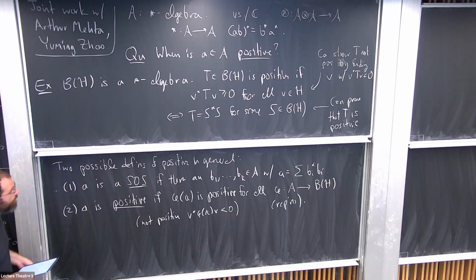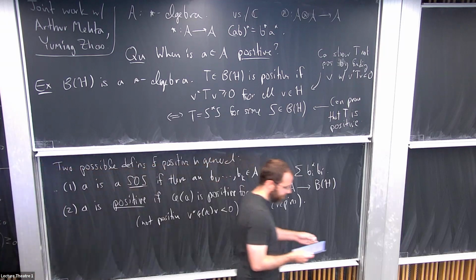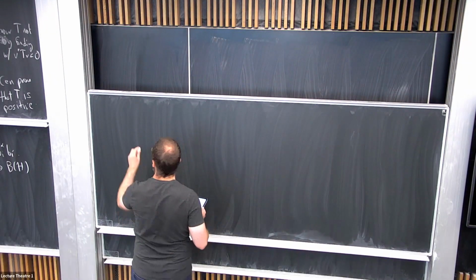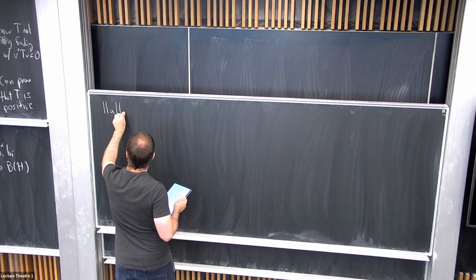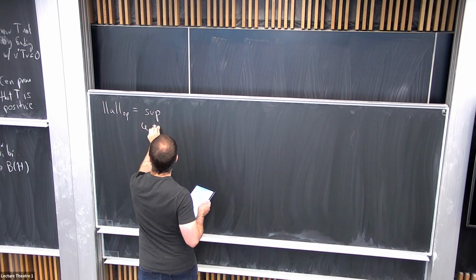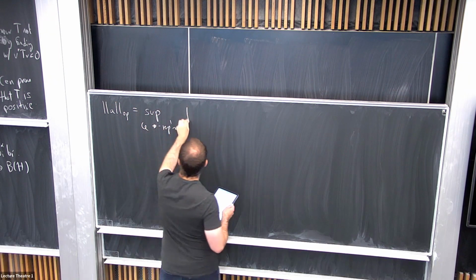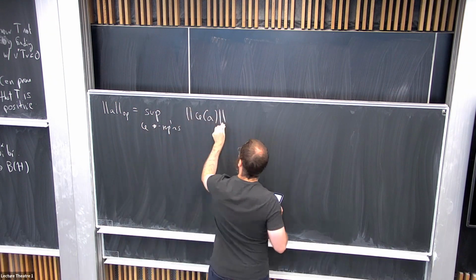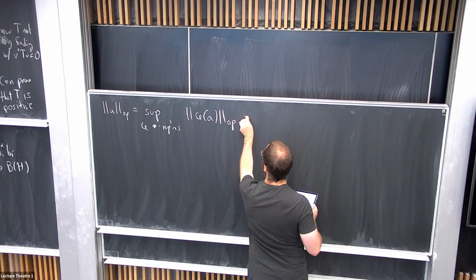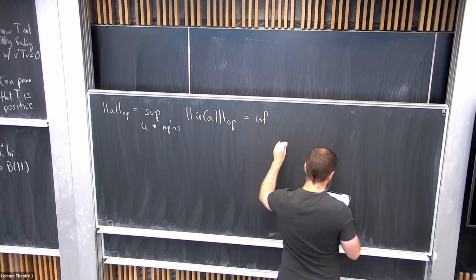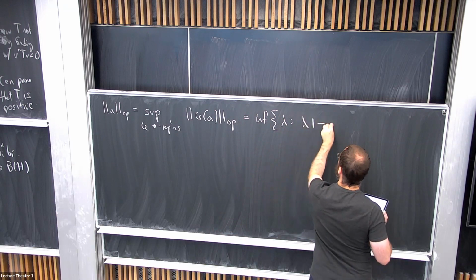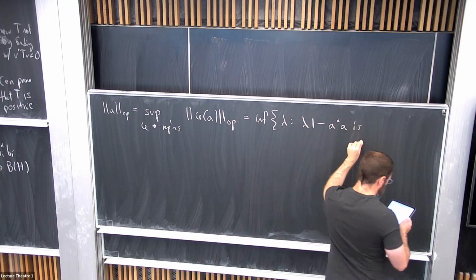Now, why do we care about positivity? Well, here's one possible reason. We could define the operator norm of A to be the supremum across all star representations phi of the operator norm of phi of A, which turns out to be the infimum over lambda such that lambda times identity minus A star A is positive.